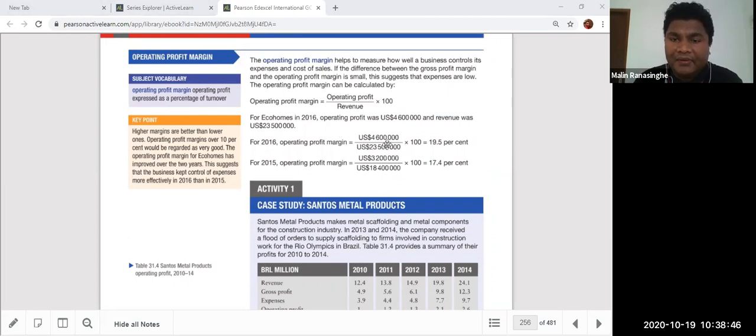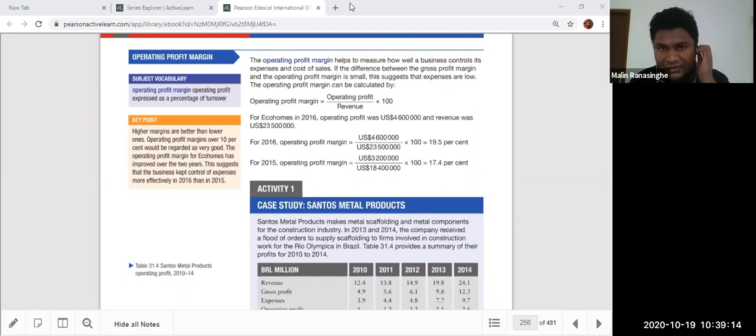So the operating profit margin has gone up. Please note down: if operating profit margin is over 10%, it would be regarded as very good. If out of the revenue you have a net profit of more than 10%, it means you are an absolutely good company. That's why a lot of business organizations are like this.